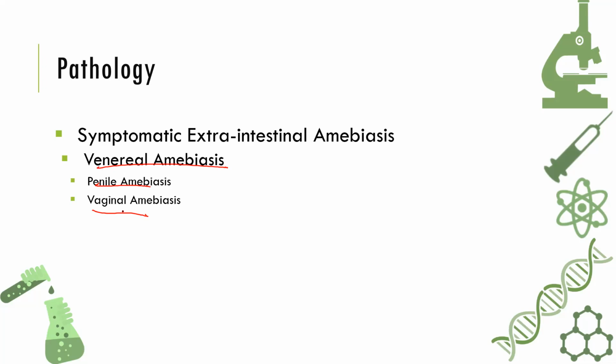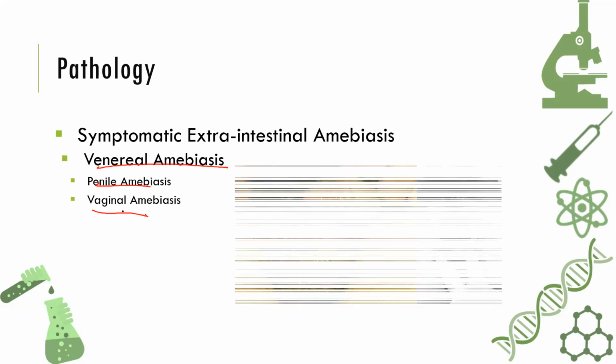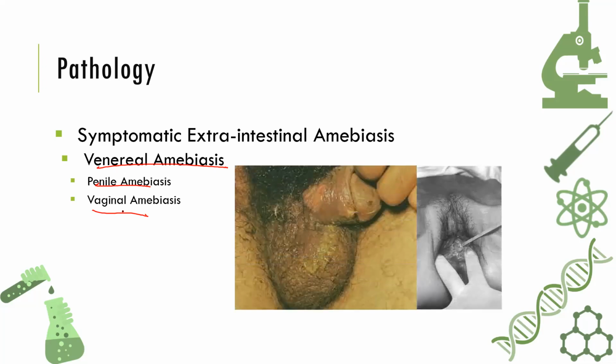If there's anal sex, the penis is inserted in the anal area where the amoeba can be deposited on the penis. And then into the vagina, that's why it is capable of venereal amebiasis. Those lesions in the penis and in the vaginal area are what we call venereal amebiasis.